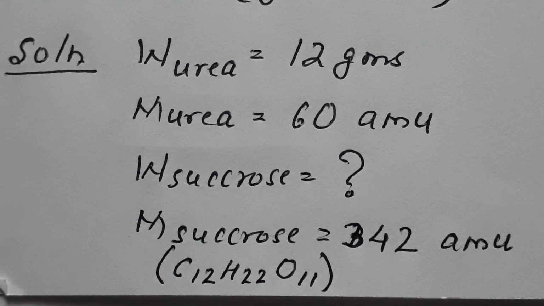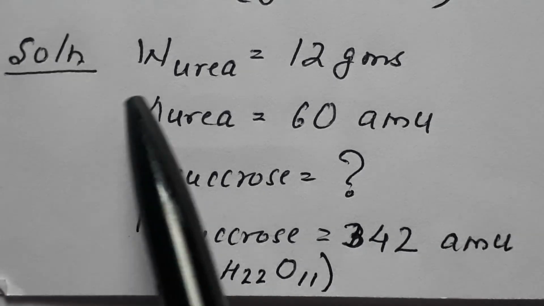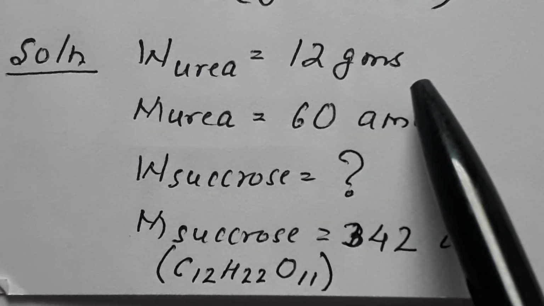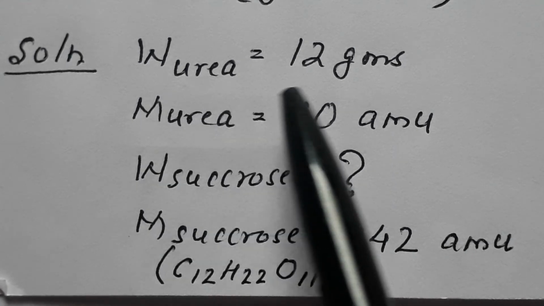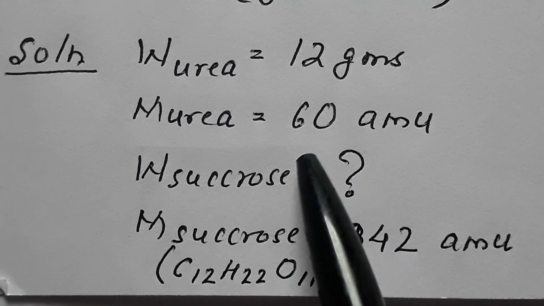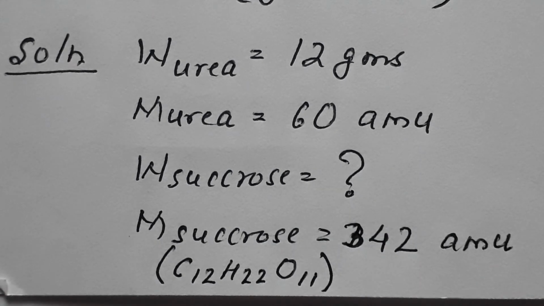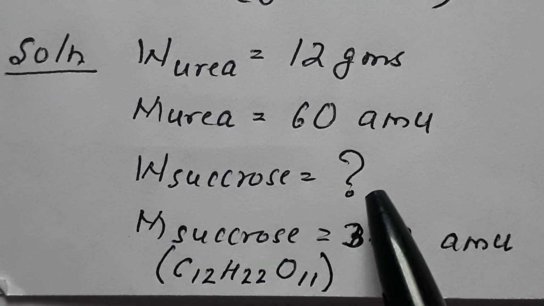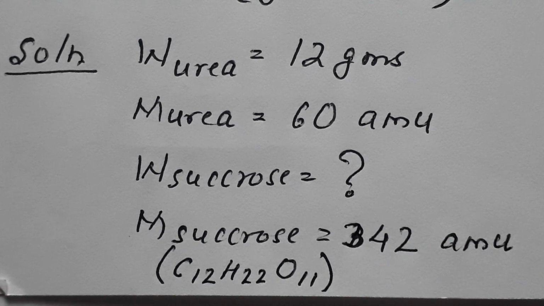Now if we solve this problem, the weight of urea given is 12 grams. The molecular weight of urea, as we know, is 60 AMU. The weight of sucrose needs to be calculated, and the molecular weight of sucrose, C12H22O11, as we know, is 342 AMU.